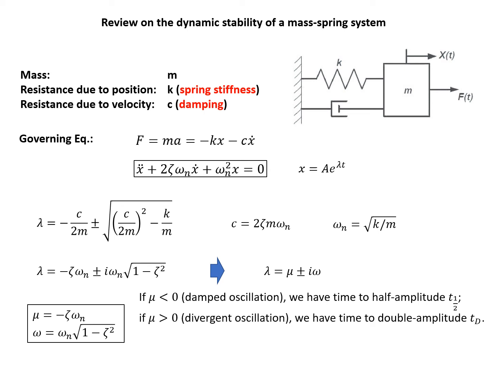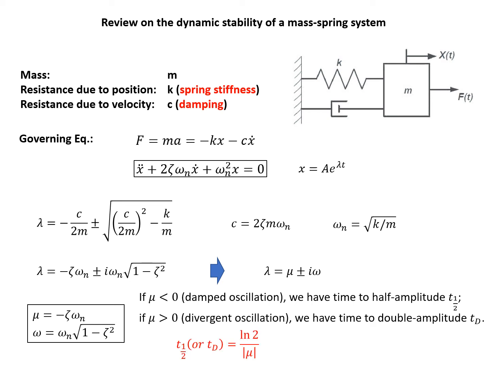If we go back to the expression of x, the power of e is positive, which means the system is divergent, and then we should define the time to double amplitude because it's divergent.